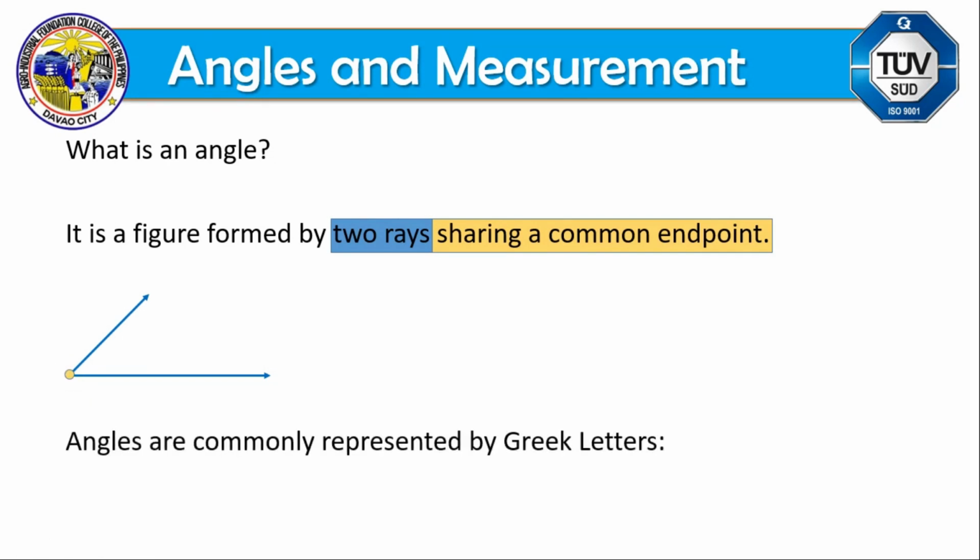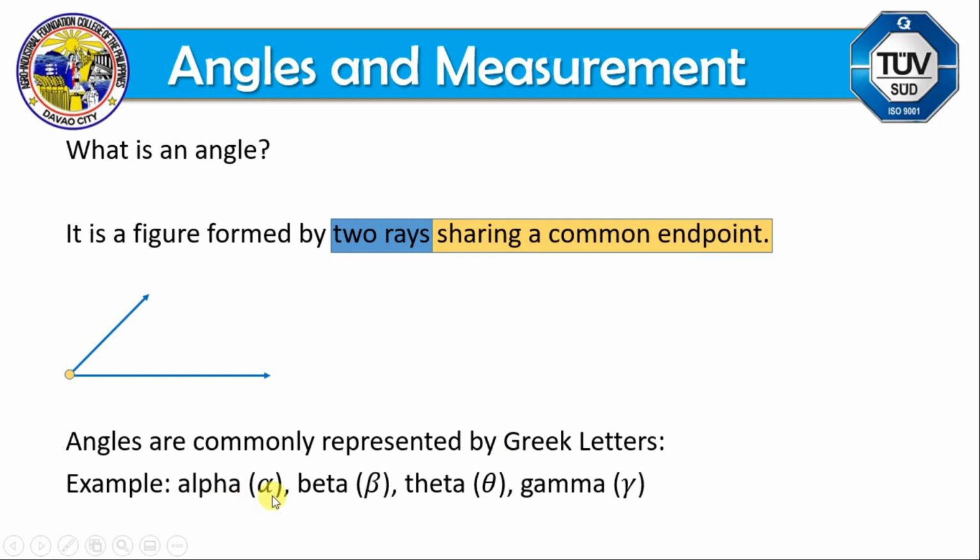Angles are commonly represented by Greek letters. When we solve problems later on, we will notice that most of the angles are represented by Greek letters. Commonly, we have alpha, beta, theta, and gamma. There are many other Greek letters, but these are the most common ones used.